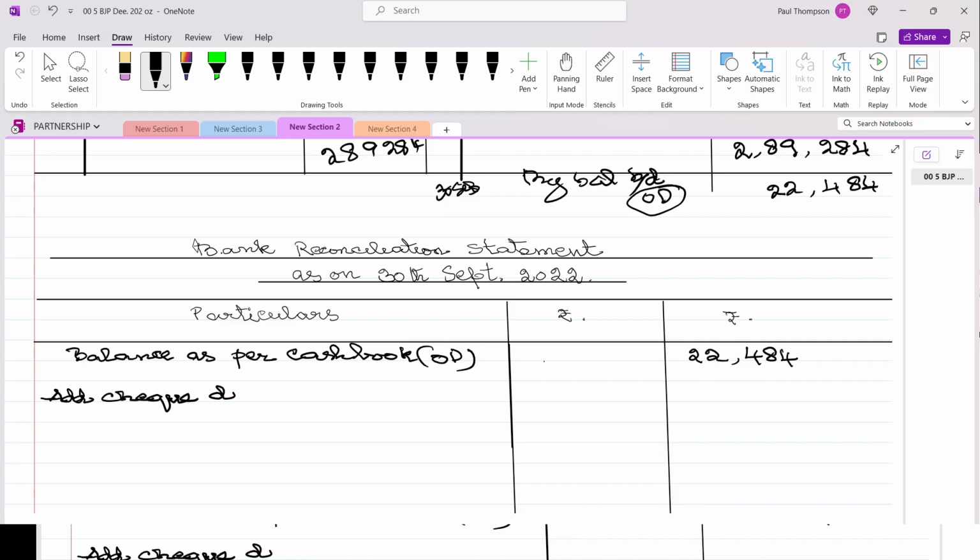Check deposited, not collected. This is not reducing the overdraft balance as per bank. But in our book, we have reduced the overdraft to this extent. Deposit not collected by bank. So I'll explain in Tamil also.